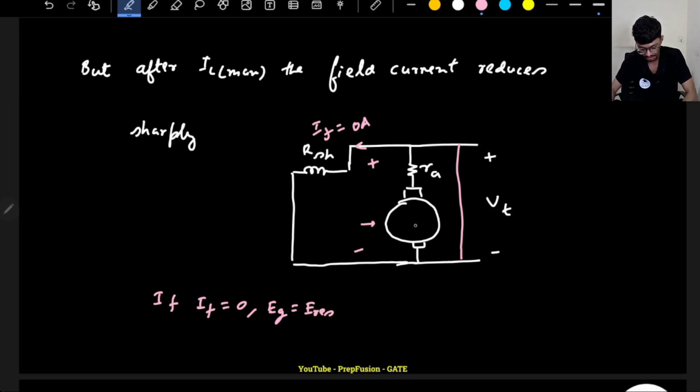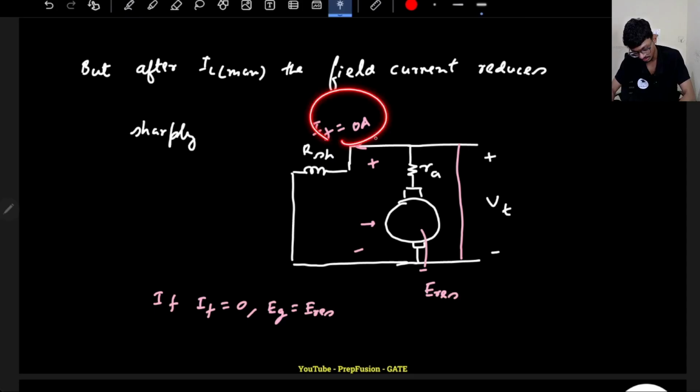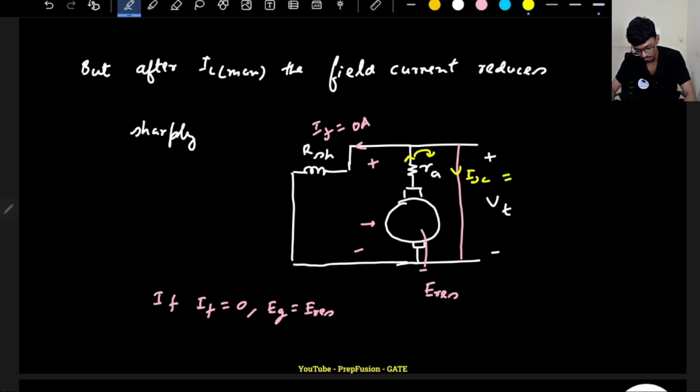So the generated voltage will be E residual. What is the current? The current through the armature flows through this loop, that is the short circuit current, ISC. Full current will flow through this loop only. None of the current will flow through here because IF is 0. So ISC will be equal to E residual upon armature resistance RA.